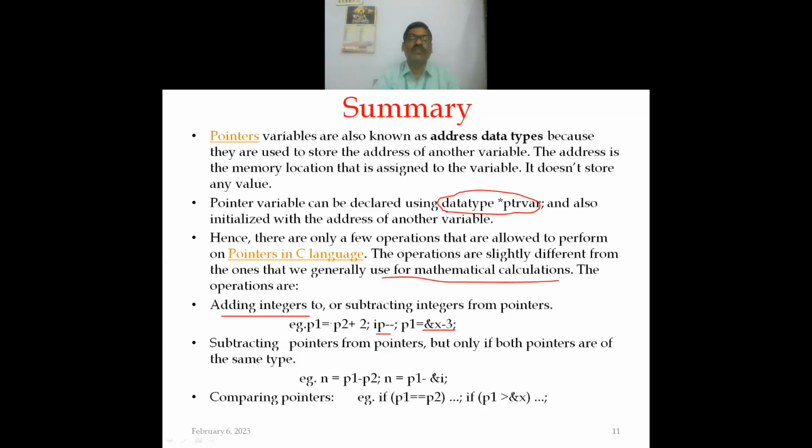Like that we can do it. Subtraction of pointers from pointers is only allowed if both pointers are of the same type. And we can compare whether two pointers are the same, or whether one pointer is greater than another pointer. So these are some of the valid operations that we can perform on pointers.